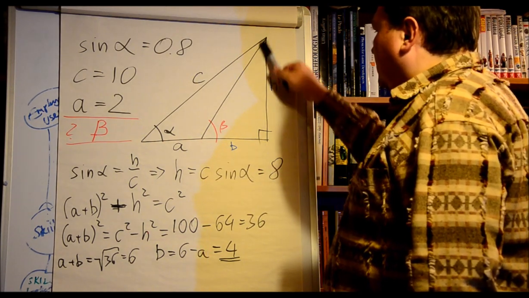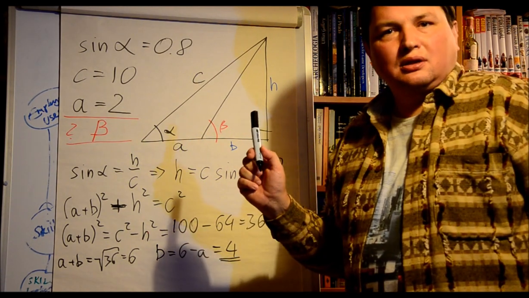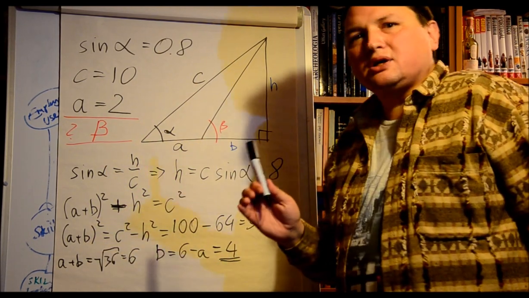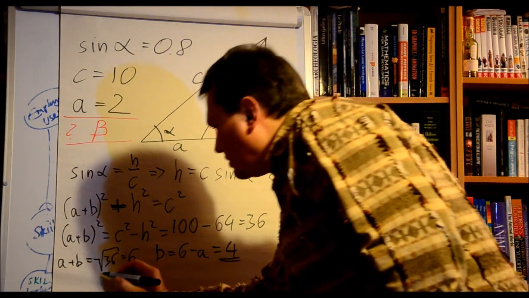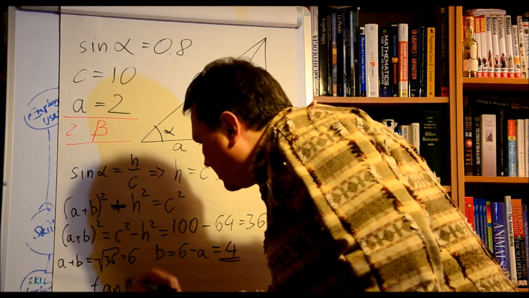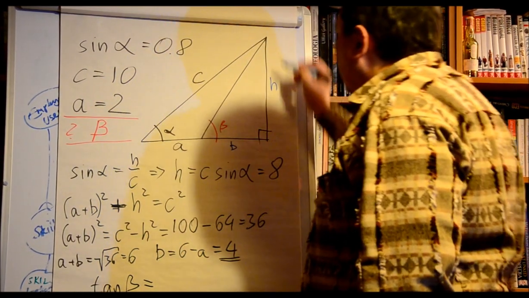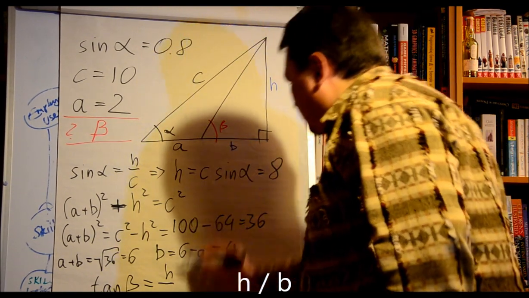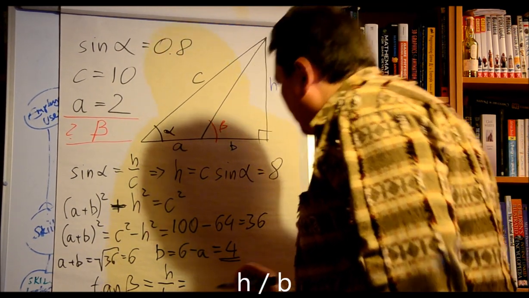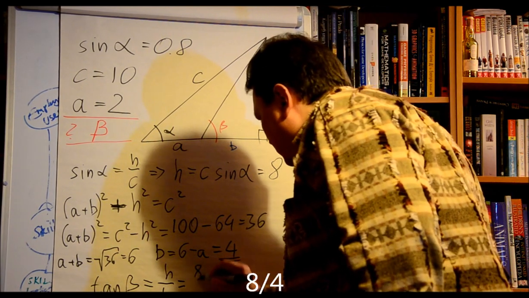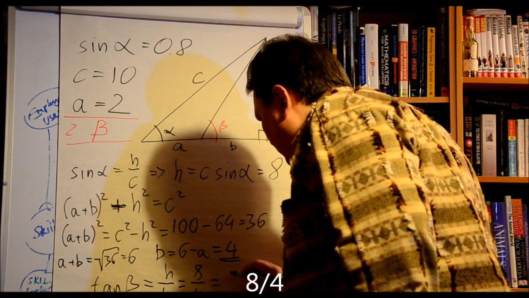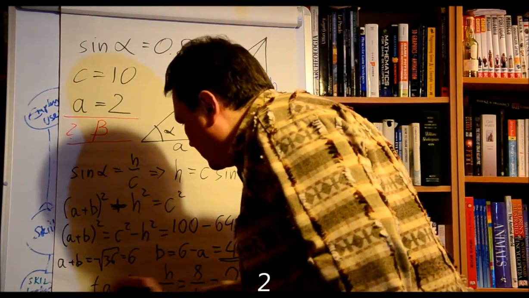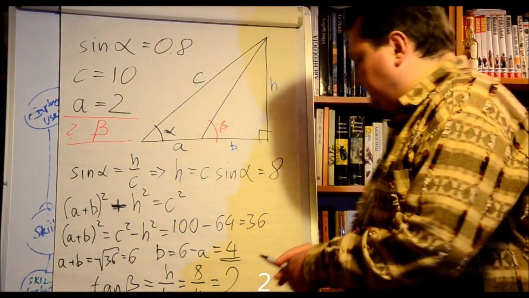Knowing b and h, we can actually very easily find the value of tangent beta, because tangent beta is h divided by b, which is 8 divided by 4, which is 2. And this is the final result.